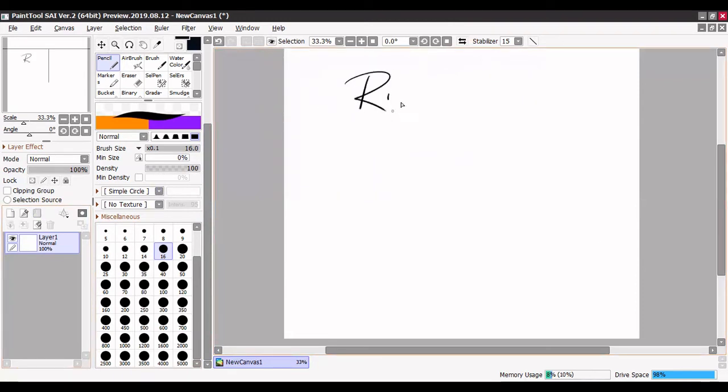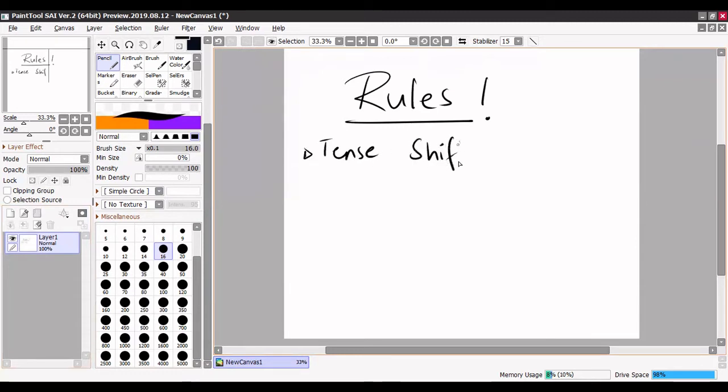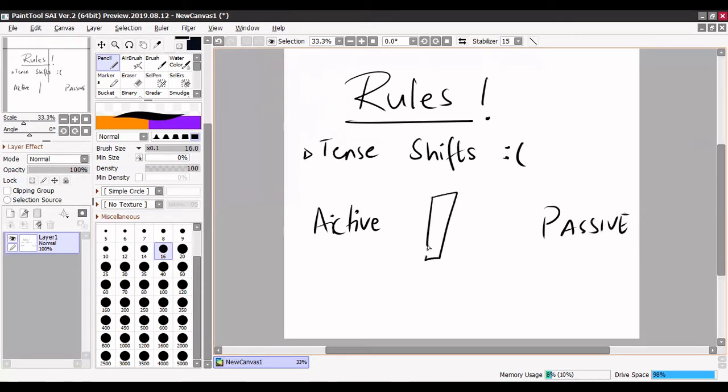In order to shift these sentences from active to passive, you need to invoke certain changes in the tenses in order for them to make sense in the passive voice. Alright? An important thing to note is not all the tenses are important. You can skip some of them.